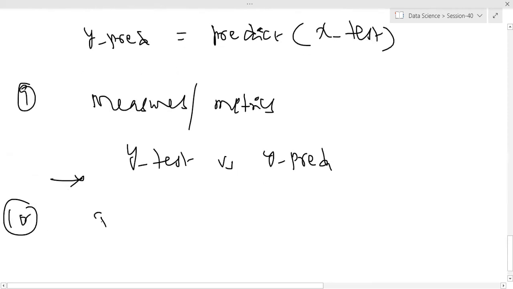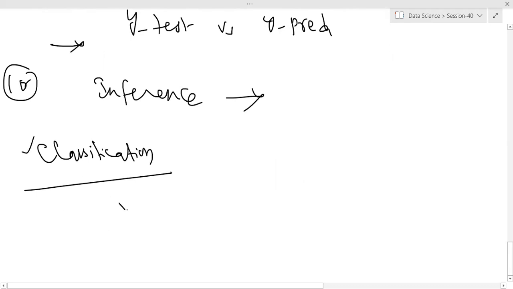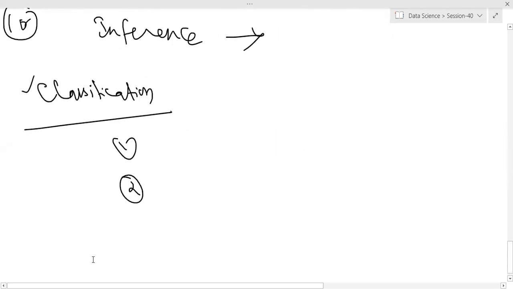Finally, the 10th step is the inference, based on the observation. Can someone help me in case of the classification? Because we are now in this session discussing KNN and SVM implementations. In case of the classification, which are all the most popular metrics or measures?